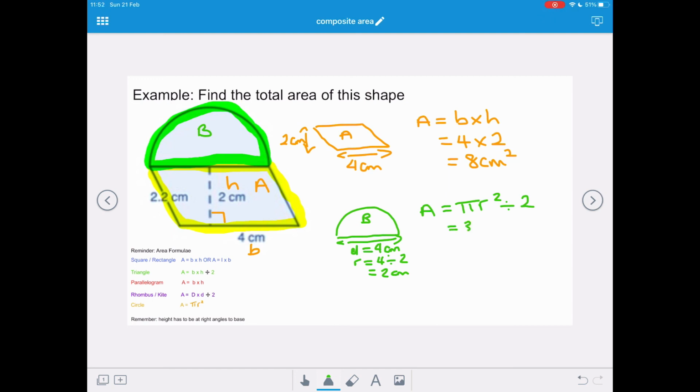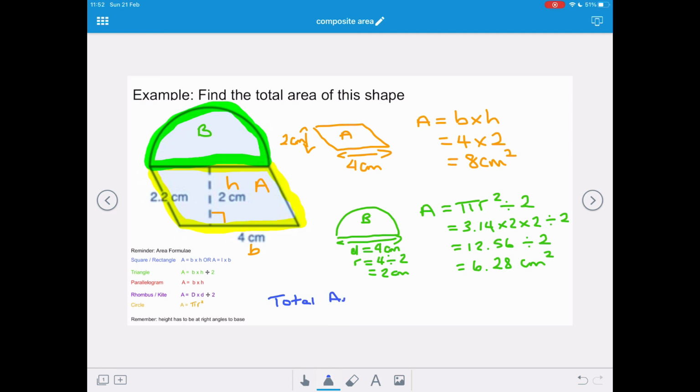Pi is 3.14, and then we're multiplying it by 2 times 2 for r squared, and then we're going to divide it by 2. So the area of the whole circle would be 12.56 divided by 2 for the semicircle, and that gives us an area for the semicircle B of 6.28 squared centimeters.